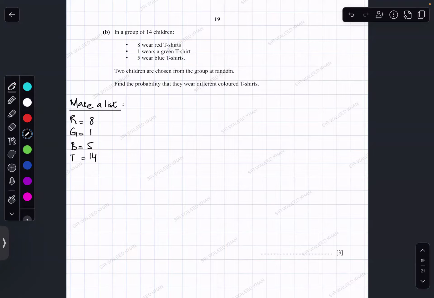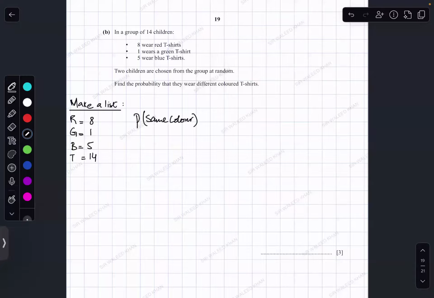Now, if I try selecting different colors, we have a lot of combinations. It can be red, green. It can be red, blue. It can be blue, green, red, right? A lot of possibilities we have. So rather than doing that, why not we figure out the probability of same color? Different color, we have a lot of probabilities. So we have another way of doing it.